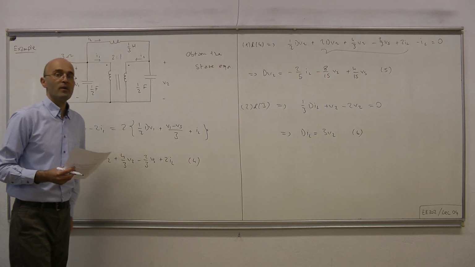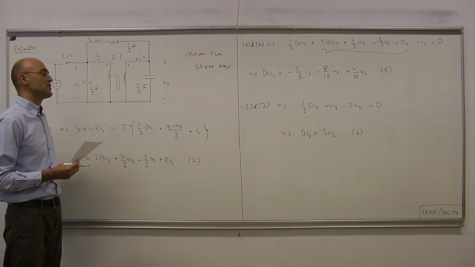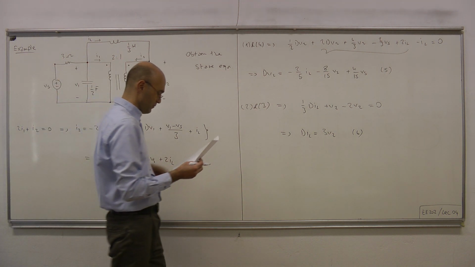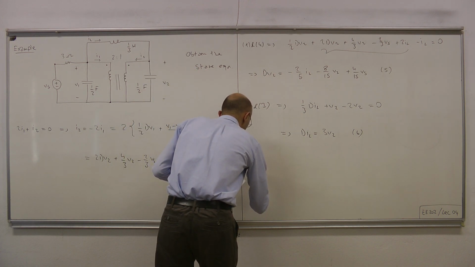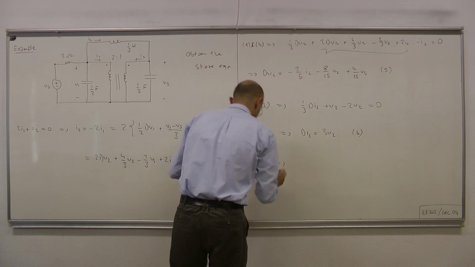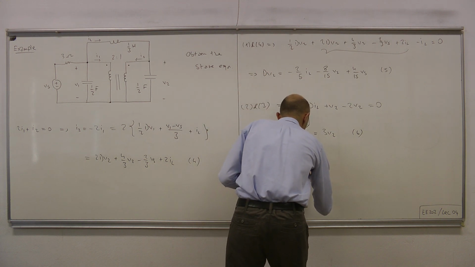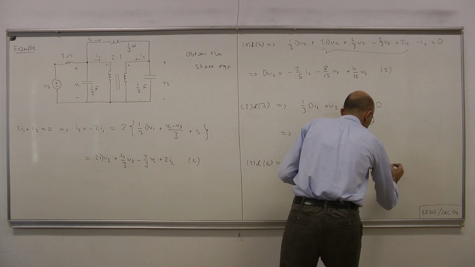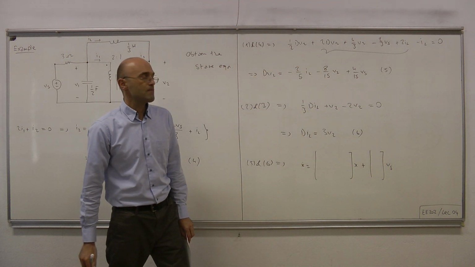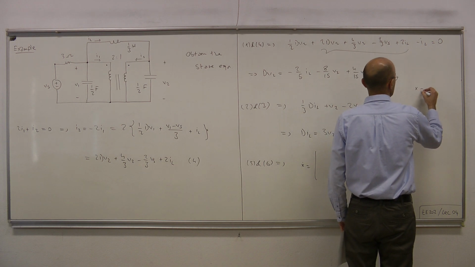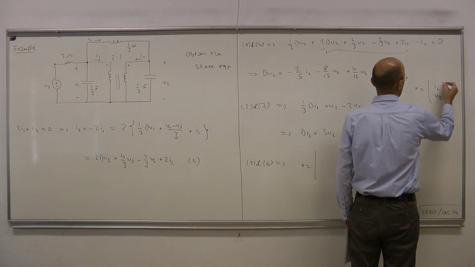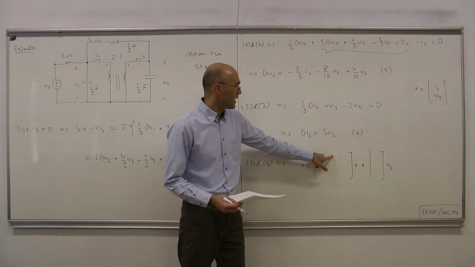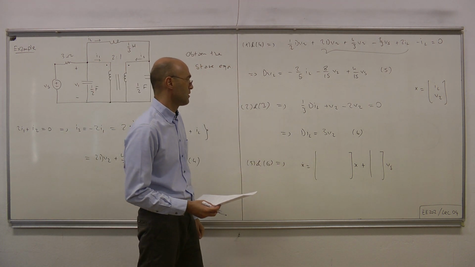Now we're almost done. All we have to do is put equations 6 and 5 into the x dot equals Ax plus Bvs form. Okay. 5 and 6 yield x dot equals Ax plus Bvs. And our state choice was IL and V2. So, for the first row, we look at the IL equation, which is equation number 6.